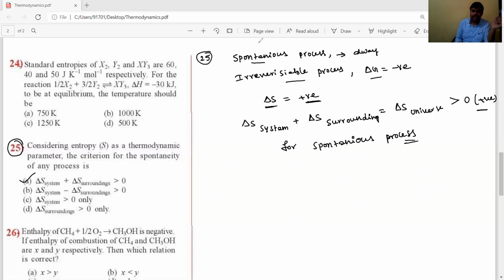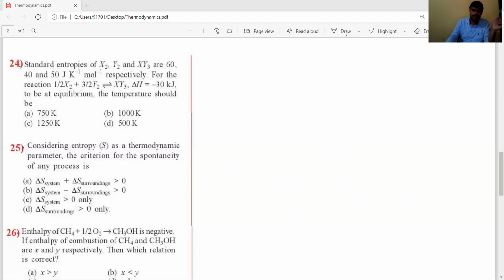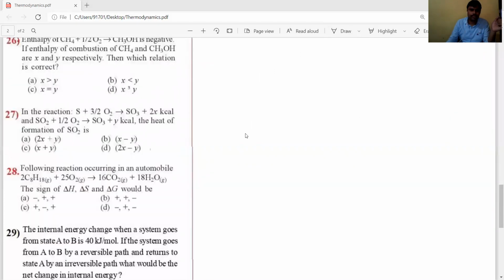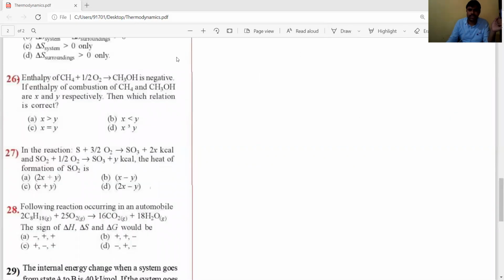Okay, let's go for the 26th question, dear students. What is the given 26th question? If you observe, they asked what is the relation between x and y. Now here, if you observe the combustion process, the enthalpy of combustion. What is the combustion process? During combustion means oxidation only.